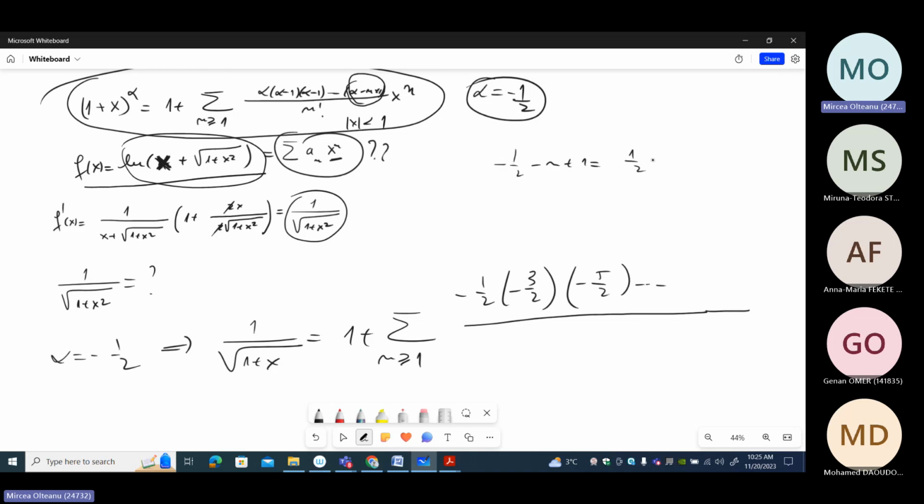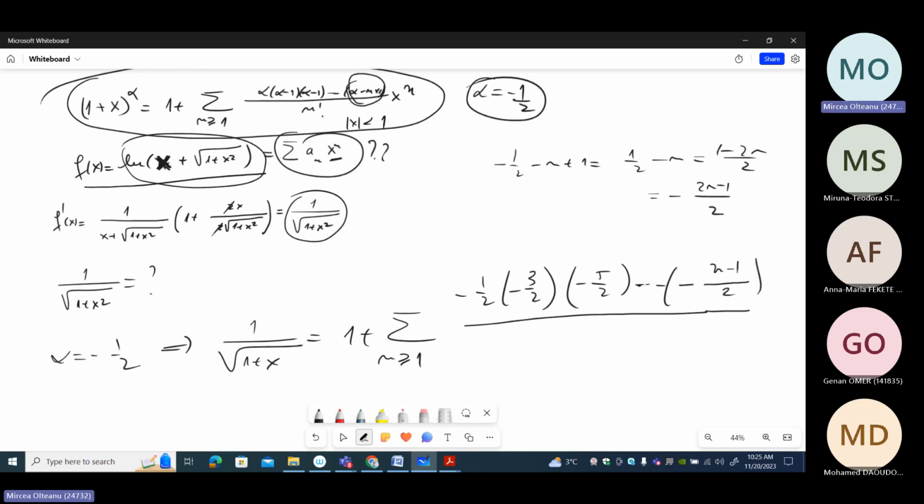That is 1 over 2 minus n, which means 1 minus 2n over 2. Because all the factors are negative, I shall put a minus in front. So times the last factor will be negative 2n minus 1 over 2.